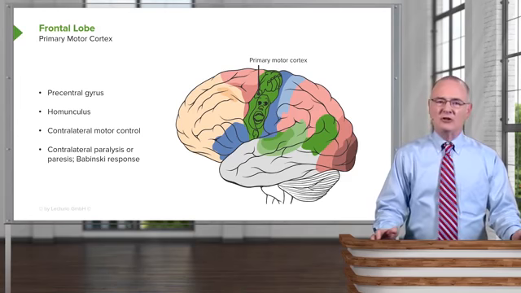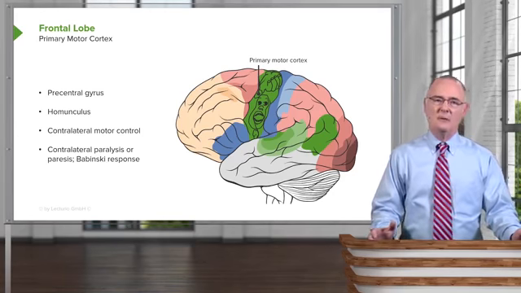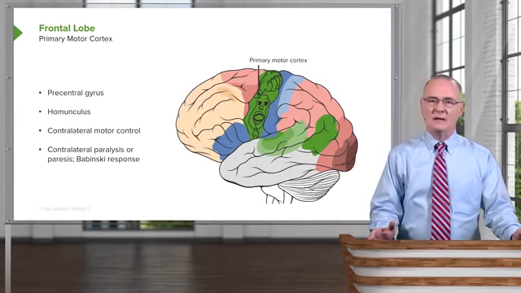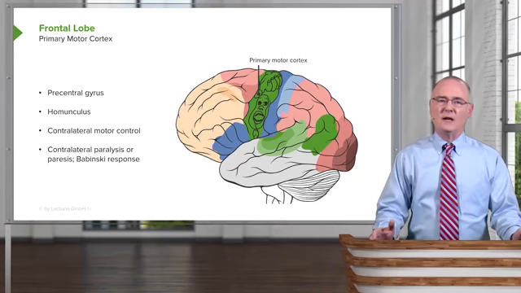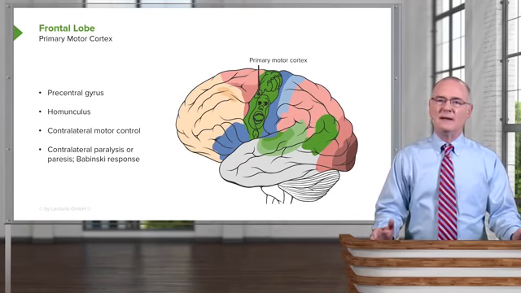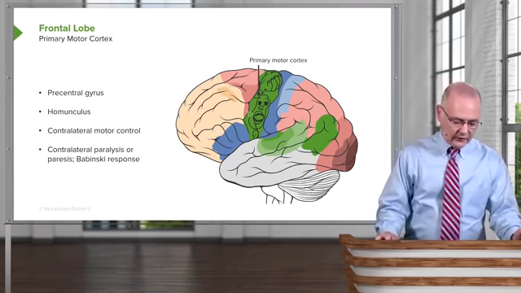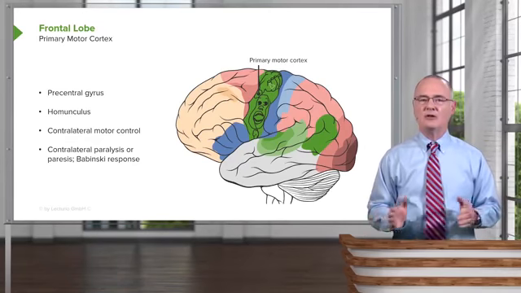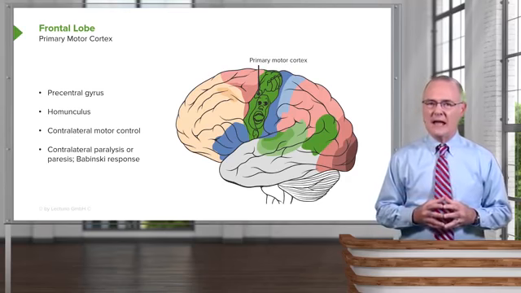That will cause contralateral paralysis or paresis, and because you are damaging and destroying the upper motor neurons, you may very well see a Babinski response depending on the location of the lesion. So if the lesion is in this area specifically, you would have contralateral paralysis or paresis of the hand, for example.